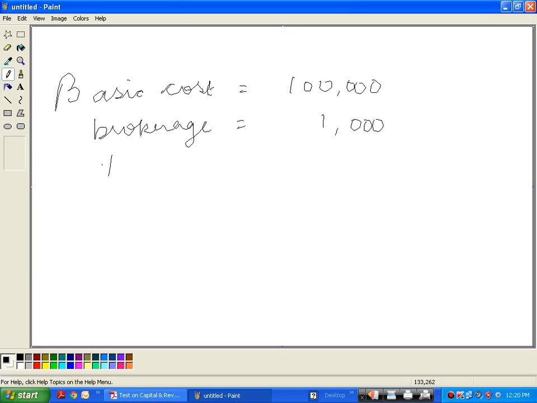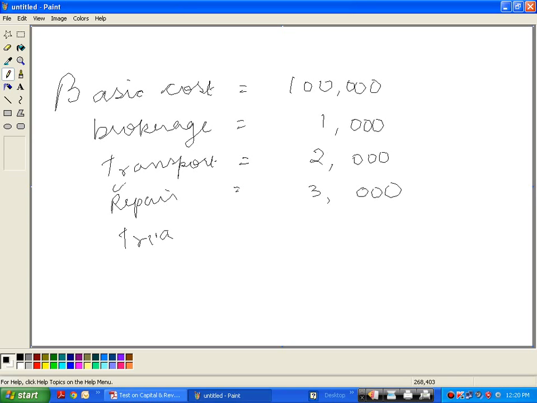Then we are incurring transportation charges to bring the asset to the premises, that is also to be added to the cost of the asset, after which some repair costs are incurred, which is 3000, and expenses on trial run is 4000.